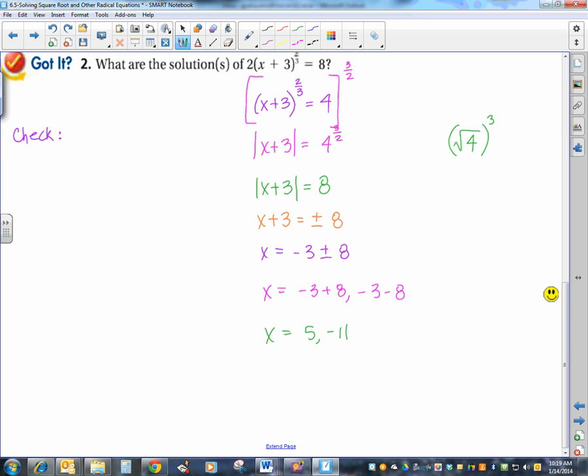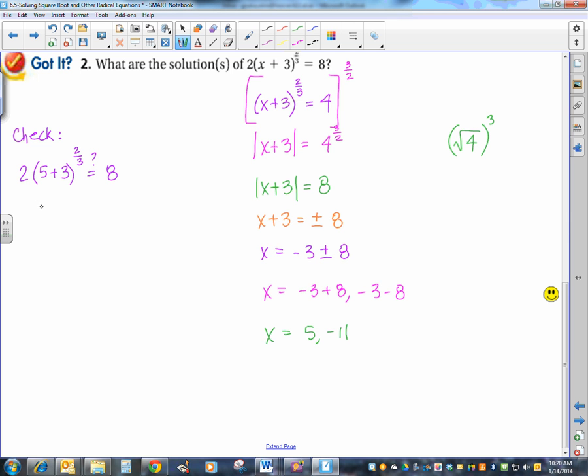Alright, so I want to check 5, so that you always check it into the original equation. 2 times x plus 3 raised to the 2/3, does that equal 8? So I put a question mark showing that we're checking it. Okay, I'm sorry, I'm supposed to put in a, not x, y'all, what am I supposed to put in? A 5.